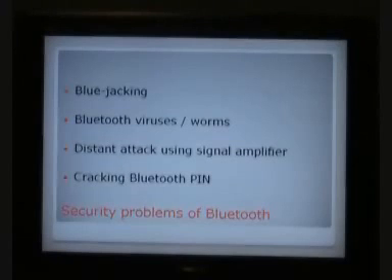The third one is distant attack using signal amplifiers. The range of Bluetooth signal can be extended from 10 meters to 1.78 kilometers with directional antennas and signal amplifiers. It poses a potential threat of unexpected connection from an anonymous attacker. The last one is cracking of Bluetooth PIN.